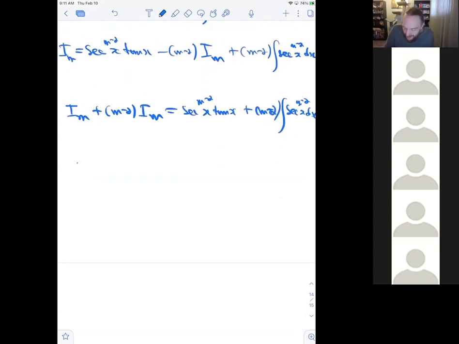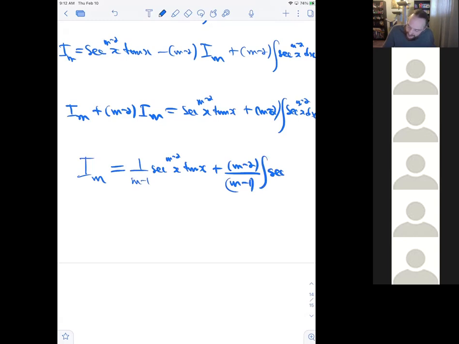So if you add that up, I get (m-1) I_m equals this thing. What I get is finally I_m is equal to 1 over (m-1) secant^(m-2) x tan x plus (m-2) over (m-1) the integral of secant^(m-2) x dx.